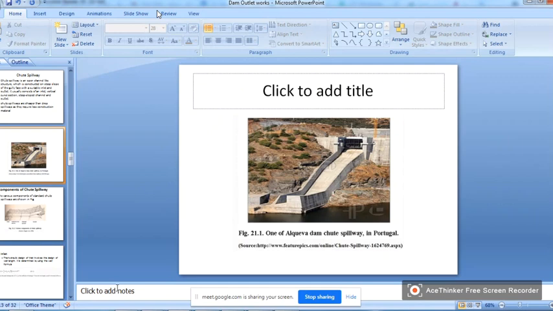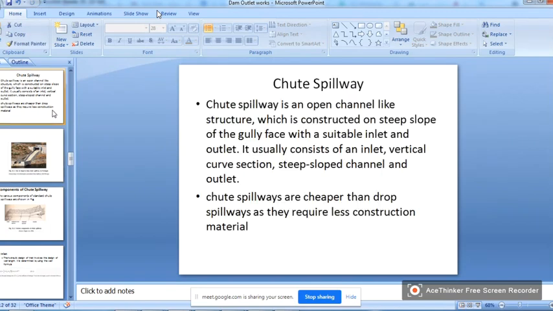For that case, the chute spillway is suitable. Somewhere here the embankment is there, so excess water will be released from upstream to the downstream side, away from the body of the dam. This is called a chute spillway.